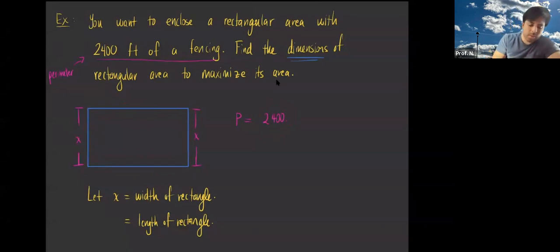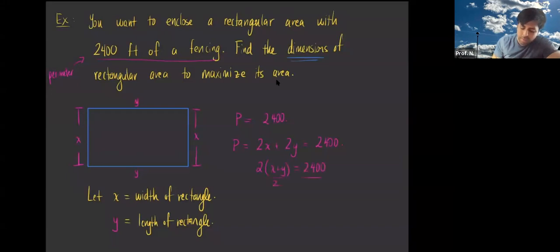So in reality, one way you can do this is, look, you can call this y. For now, let's just call this y and call this y, okay? So then we know that the perimeter is 2x plus 2y equals 2400, isn't it? Then you can factor out the 2 and you get 2 times (x plus y) equals 2400.